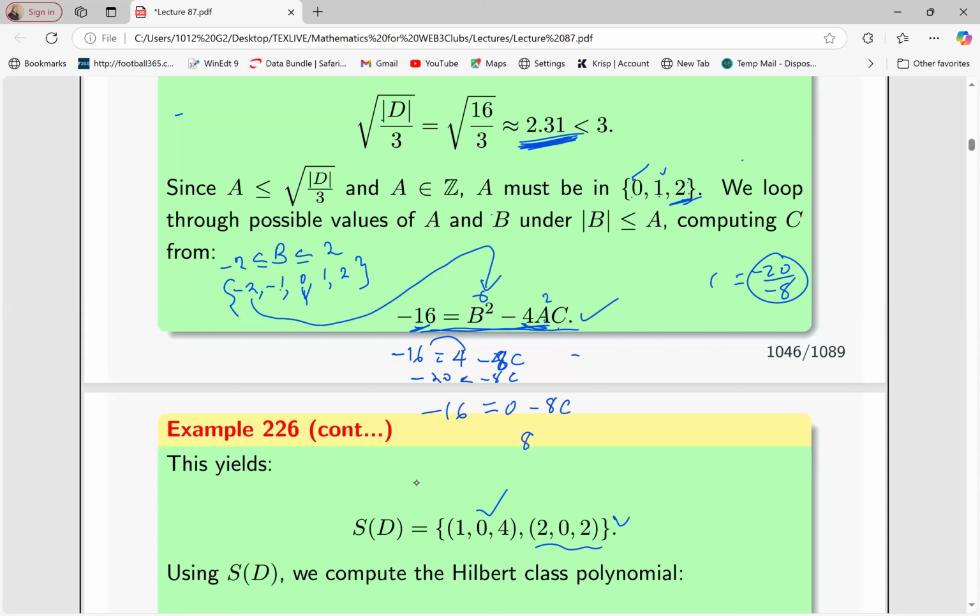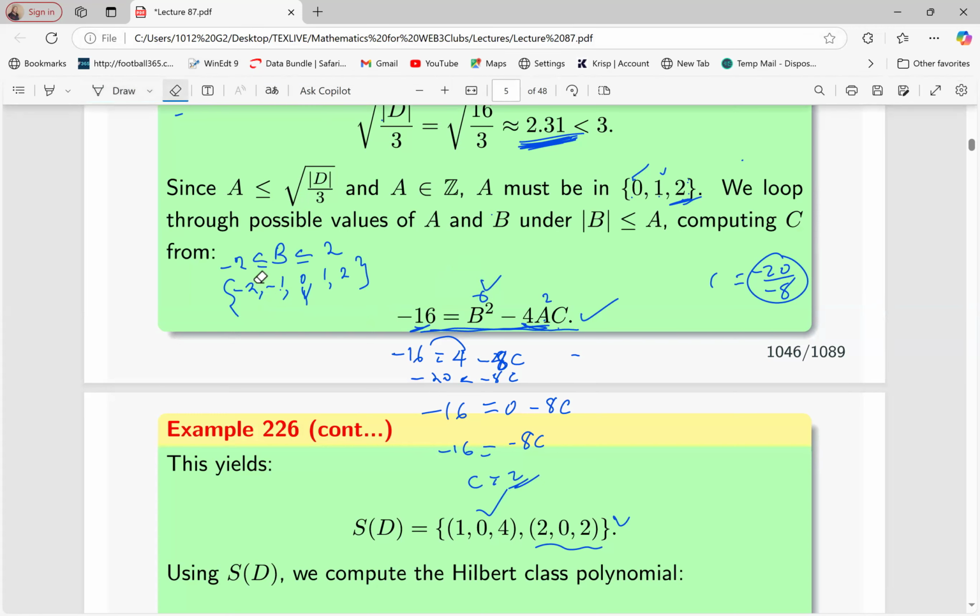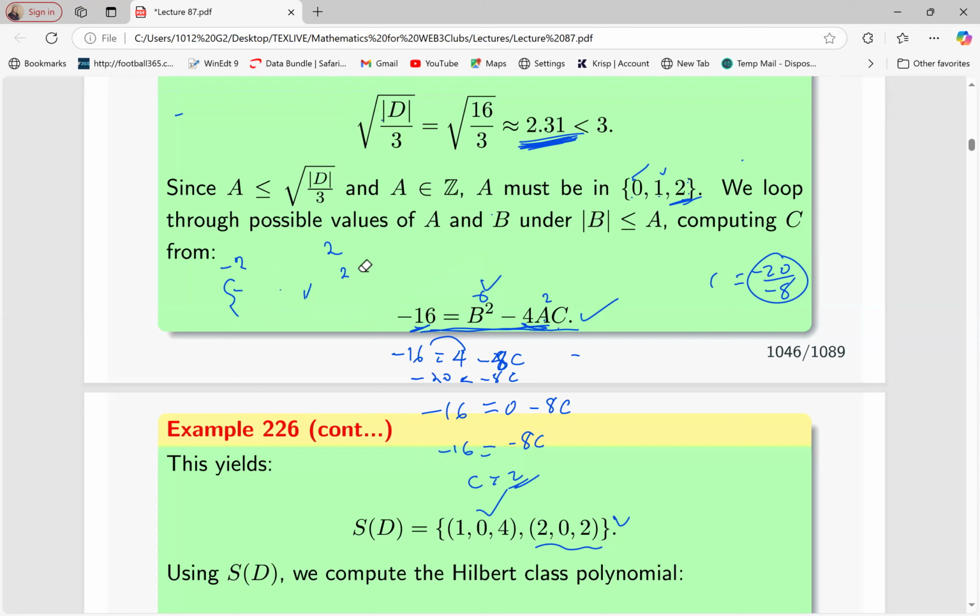So negative 8C would be negative 16, so C will be 2. While we were doing this, we forgot to consider 2. We might have considered 1 twice, and that is why we did not see that there was this other set.